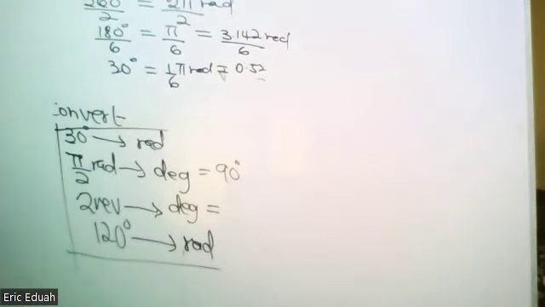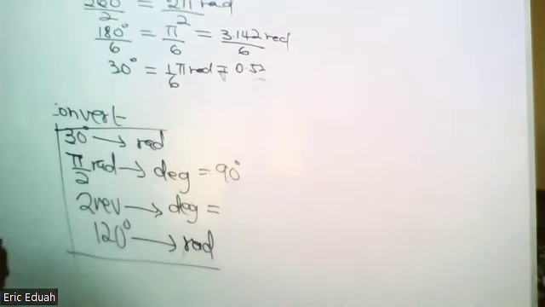Lizzie? Convert 2 revolution to degree. 2 complete revolutions. Convert this to degrees for us. What did you score? 720 degrees.